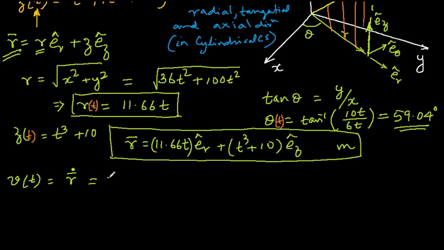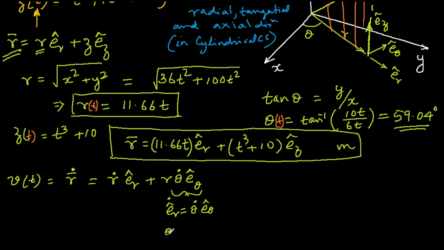If you differentiate it, you will get r dot eR plus r theta dot eθ. You remember, this is coming from eR dot, which is theta dot eθ, and you should always remember this.